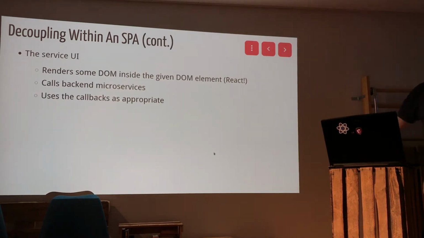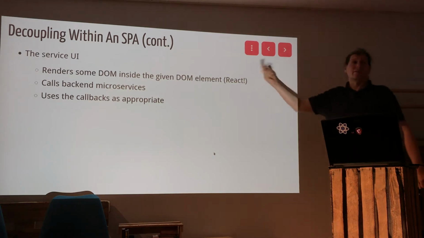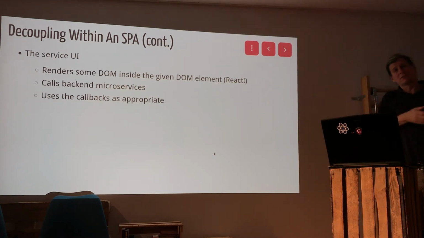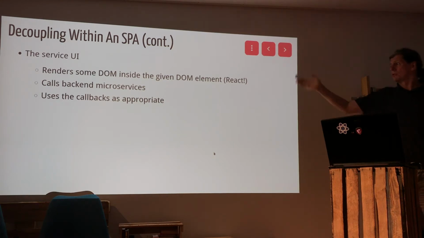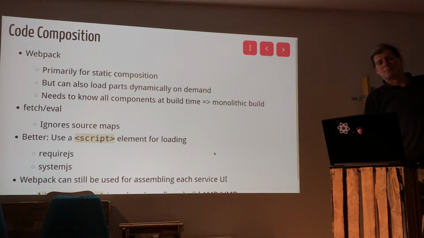And the service UI just renders some DOM into that given DOM element, and React is particularly good at that, so you just use React DOM's render method here, and then it communicates with its microservices and uses the callbacks that I mentioned on the previous slide, as needed.